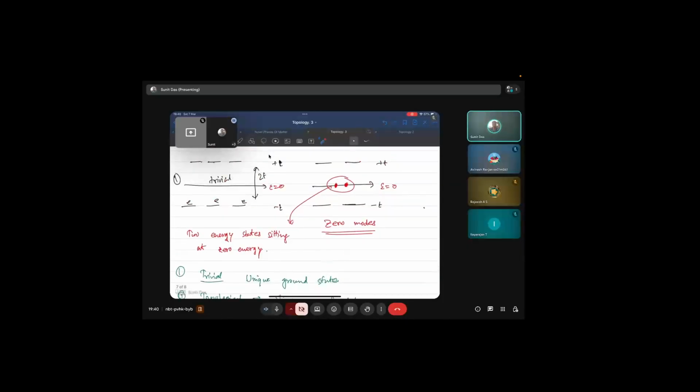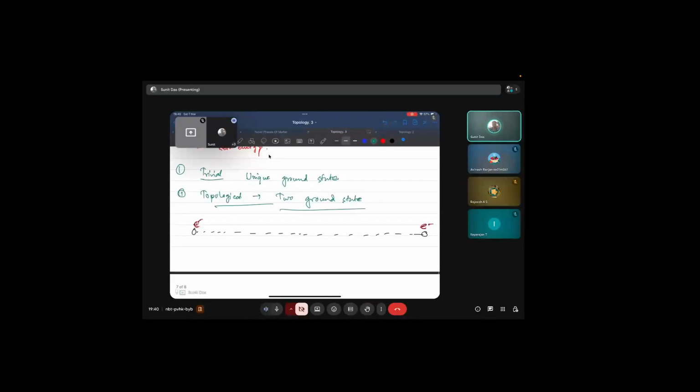Now you are trying to half fill the system. So again, you bring three electrons into the system. So two states are filled, no problem. But then there comes the dilemma that your electron can be here or here, right? In either of these zero modes. So that's why we have two ground states in the topological case. Okay.